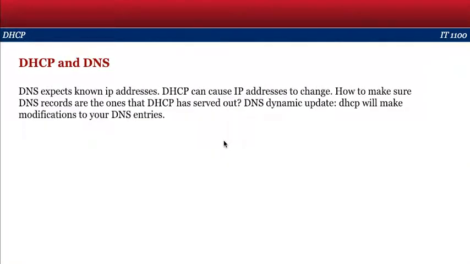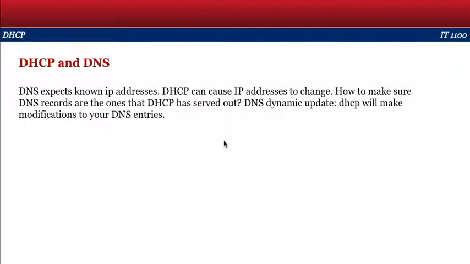How does DHCP and DNS relate to one another? Well, DNS expects known IP addresses. Meaning, let me back up on that. When we're using DNS, like to go to a particular website, cit.dixie.edu, DNS usually can't handle a changing IP address by default.